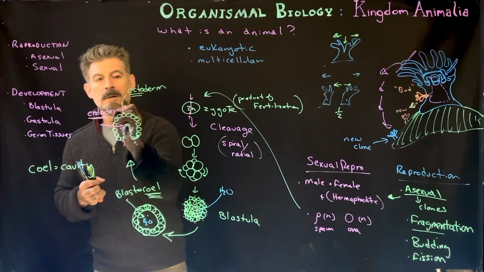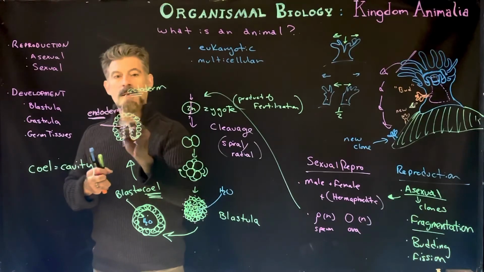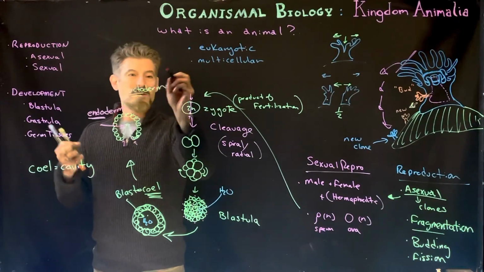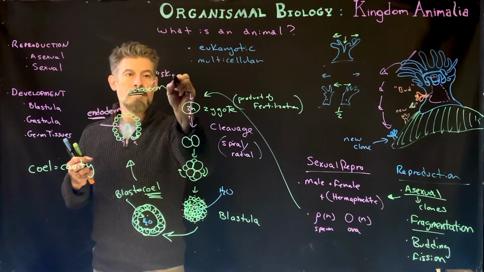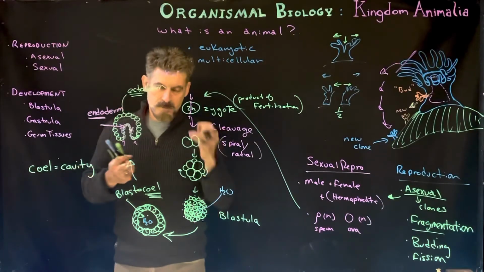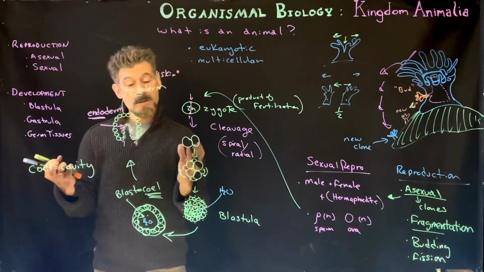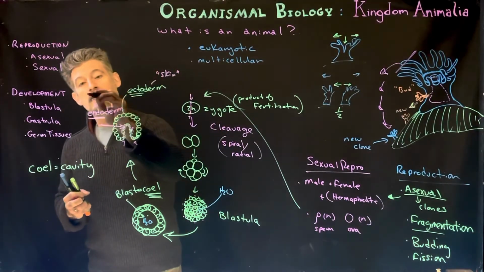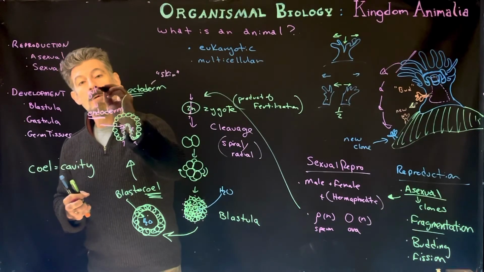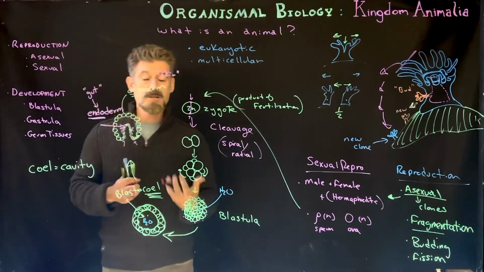So endoderm versus ectoderm. The ectoderm, again, I'll just say skin, but other things too. But it's just kind of the outside of the organism, whereas endoderm is typically going to form the gut, right, or the digestive tract of the organism.